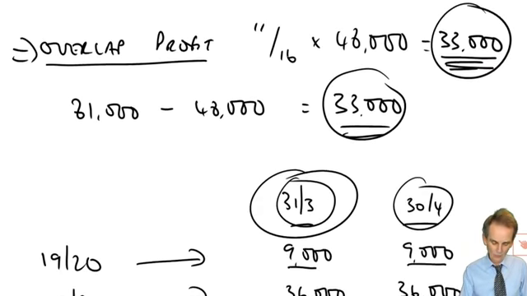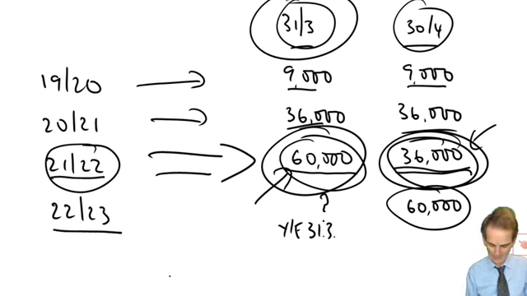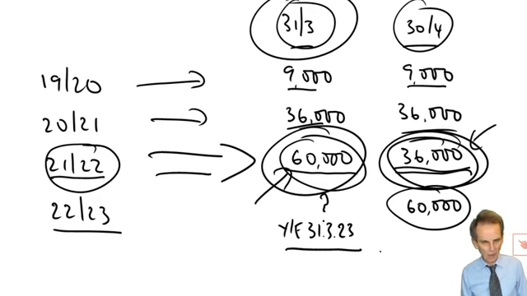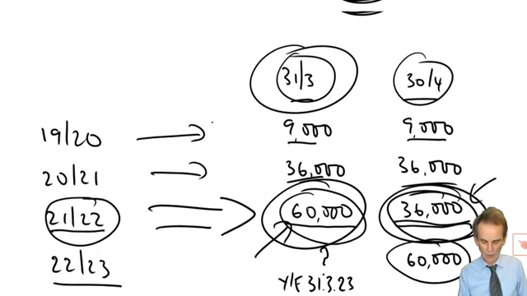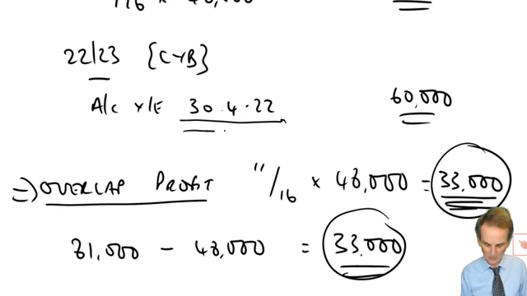If we had gone forward to 22-23 with the March date, then that would have been the year ended 31st of March. What 31st of March ends in that tax year? 23. Year ended March 23 rather than with the April date, the year ended 30th of April 22.